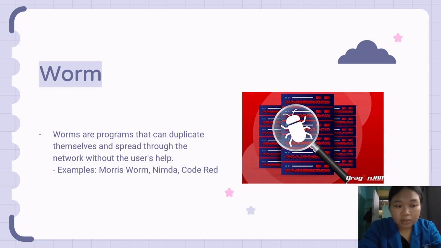A computer worm is a computer program that can duplicate itself in a computer system, using the network without the need for intervention from the user. Sorry, the picture is wrong.